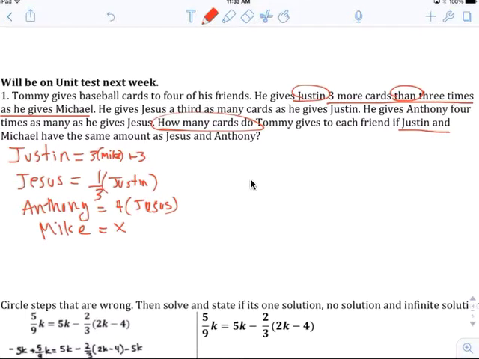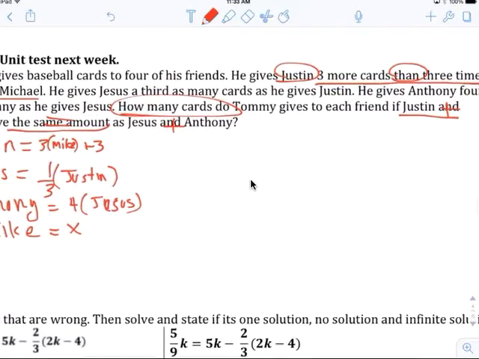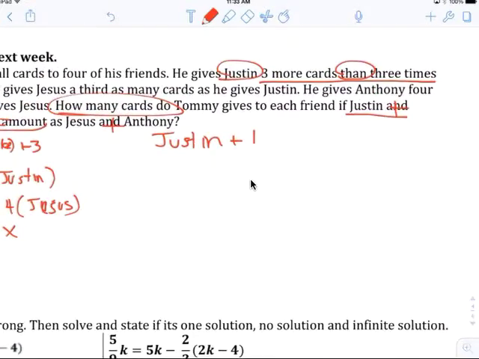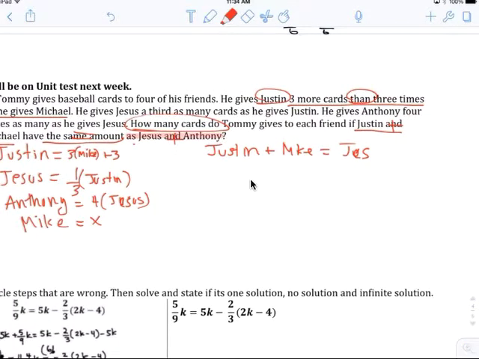So Justin plus Michael is the same amount. The same amount right here is equal to Jesus plus Anthony. So it's Justin plus Michael equal to Jesus. I'm using right here Jesus as Anthony.